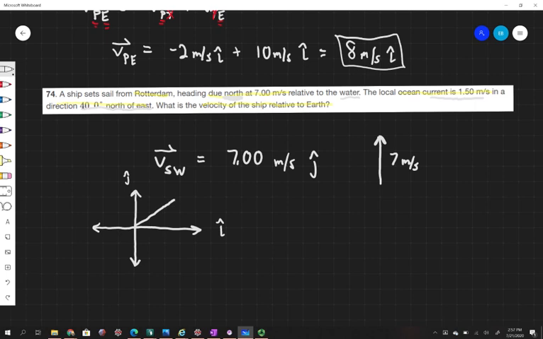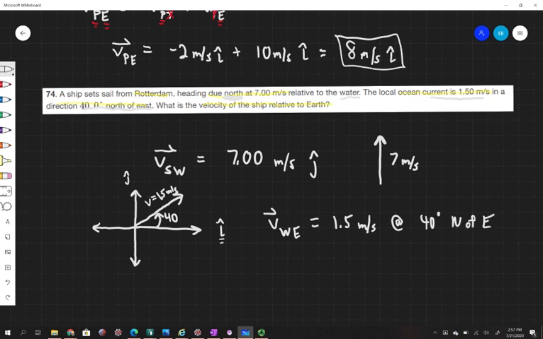So north of east is moving north of this east direction. So that's got to be 40 degrees right there. And this is my vector, and I know how big that vector is. That velocity is equal to 1.5 meters per second. So the velocity of this water relative to the Earth is going to be 1.5 meters per second at 40 degrees north of east.